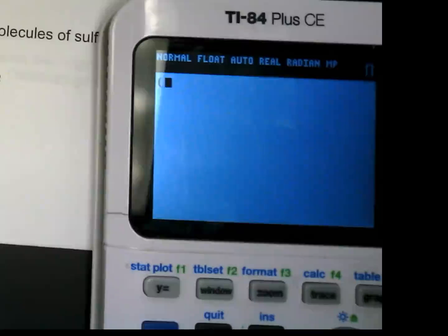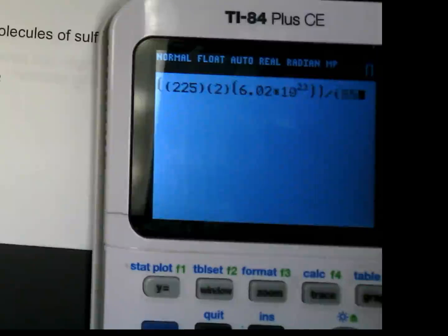So that's going to be 225 times 2 times 6.02 times 10 to the 23rd. That's all going to be locked up because that's my entire operation on the numerator up top, divided by 55.8. And I pop that in and I get 4.85483871 times 10 to the 24th power.